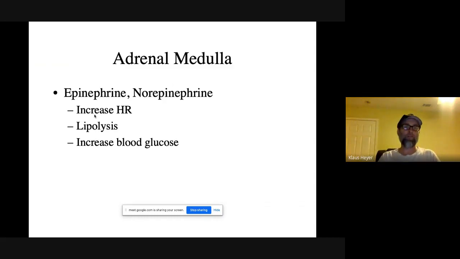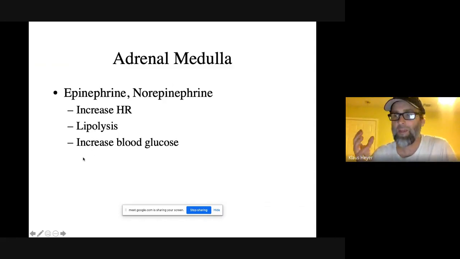So this is what they do. Again, you're seeing some things that are similar. Look at these two bottom ones. Lipolysis, breaking up fat. And then look at the bottom one, increase blood glucose. Same thing. Why does your body want to do these two bottom ones? Because we need to increase the amount of ATP that we have.